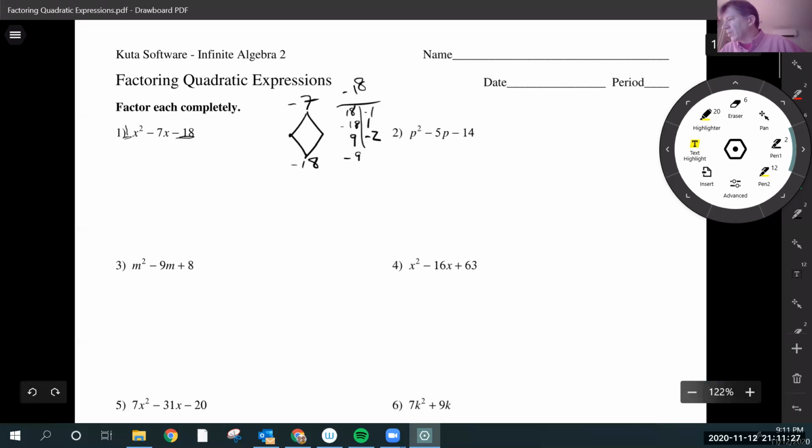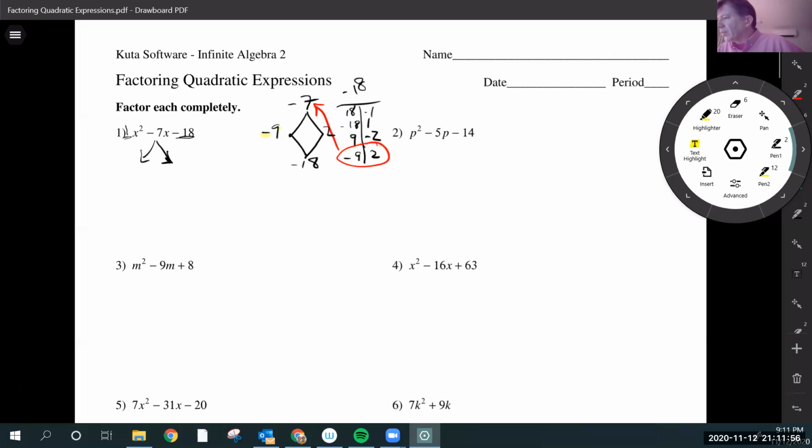So if I go -9, +2, well, that in fact works, because when I add those two up, I get -7. All right, so I put on the sides of my diamond a -9 and a +2. And those values are what I split my middle term into.